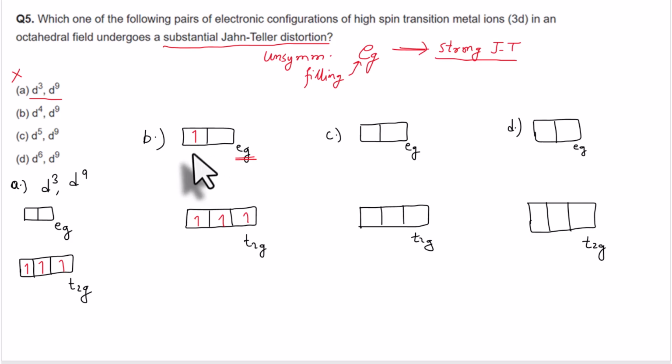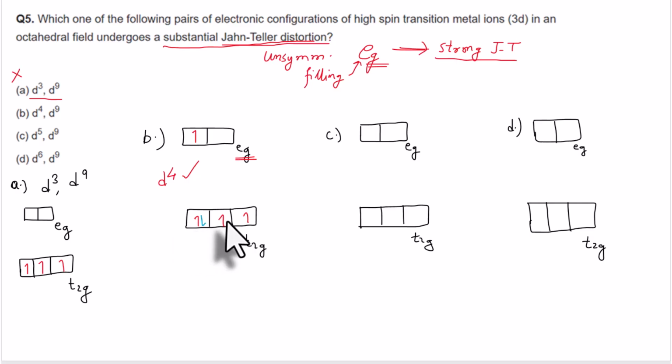So it is an unsymmetrical filling of eg orbital. And since the eg orbital is unsymmetrically filled, it should show strong Jahn-Teller distortion, because we have this criterion that if the eg orbital is unsymmetrically filled, those complexes show strong Jahn-Teller distortion. Okay, this criterion is fulfilled in d4. What about d9? We know that d9 has a strong Jahn-Teller distortion.